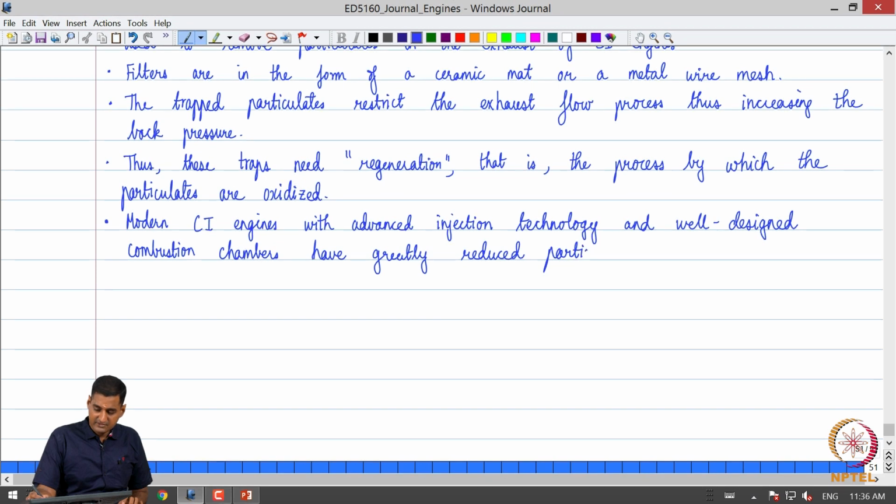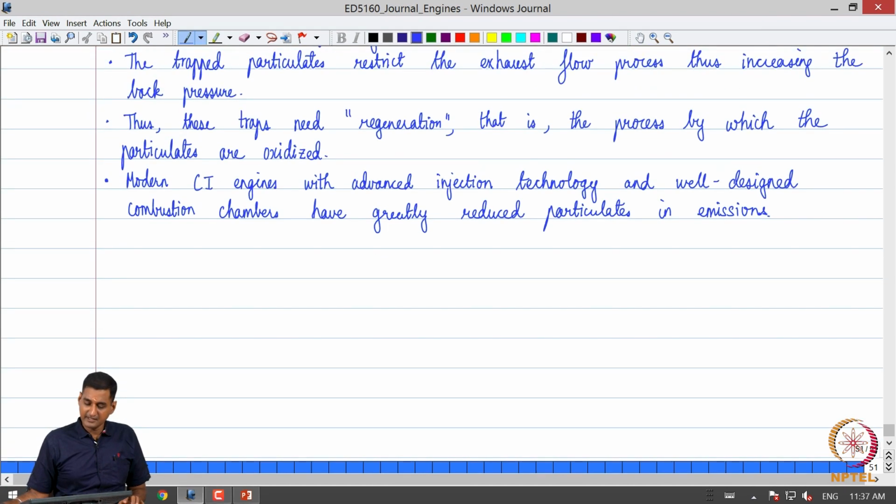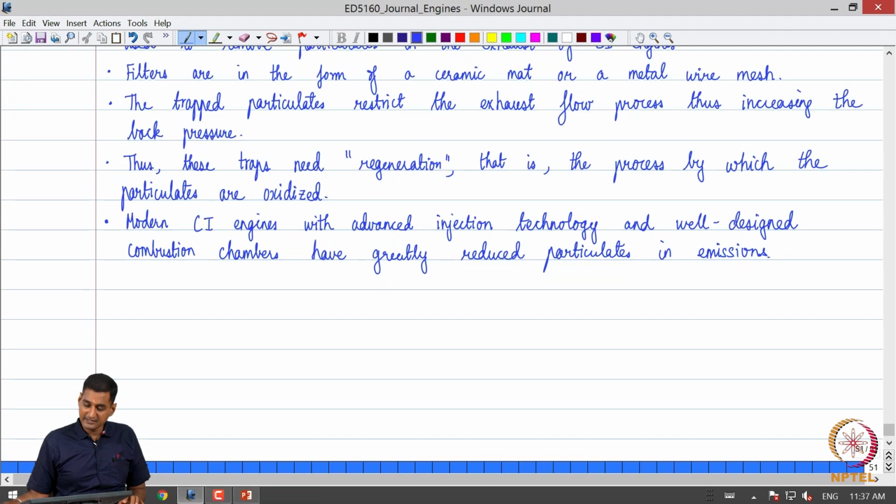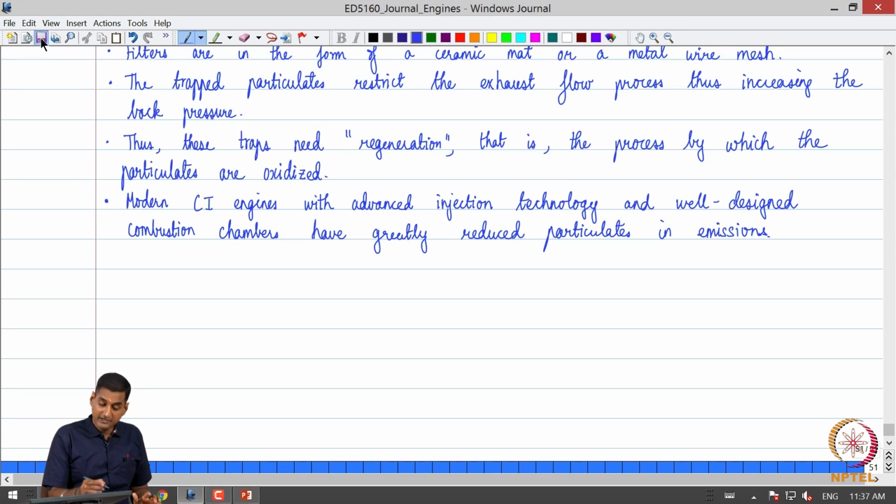That is one feature of modern CI engines. Okay. So, that is as far as particulate traps are concerned, which are addressed to reduce the content of soot in the engine exhaust.